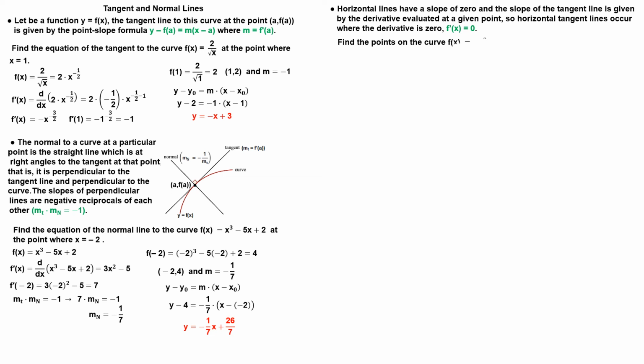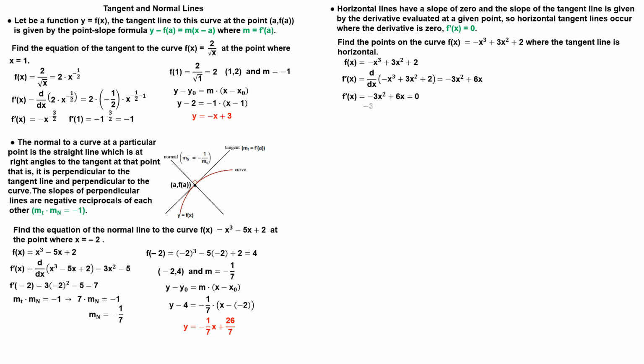Find the points on the curve where the tangent line is horizontal. To find the values of x for which f of x has a horizontal tangent line, take the derivative of the function. Then set the derivative equal to 0.